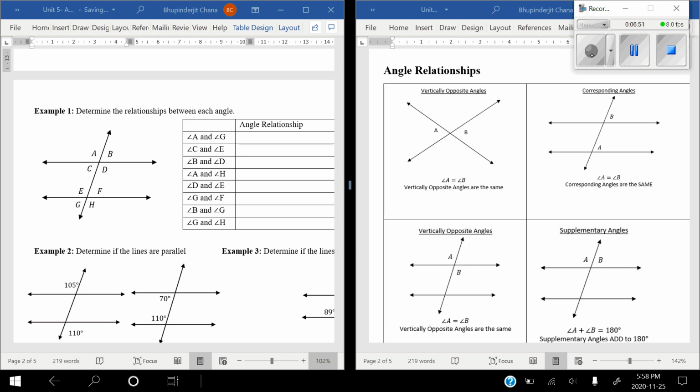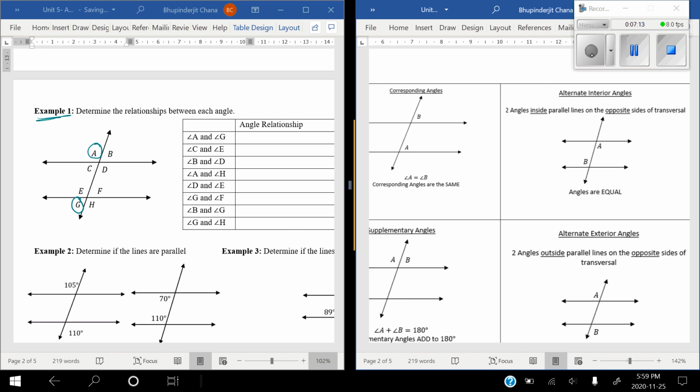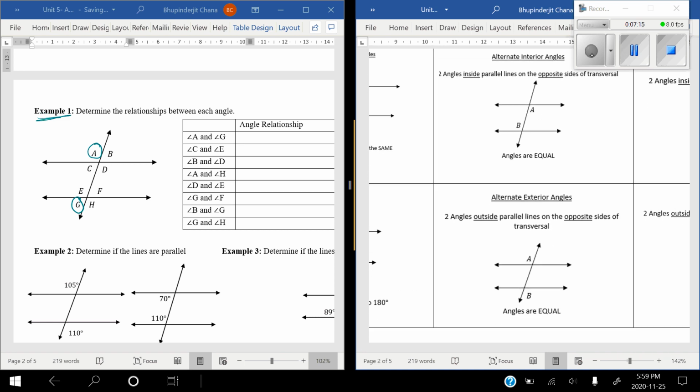Okay, so let's now apply this knowledge here. So we're looking at this diagram right here for example 1, and we're going to look at some angle relationships. First thing I like to do is it says the angle relationship between A and G. So I'm going to circle A and G. Then I'm going to go to my notes and I'm going to look at which relationship makes the most sense.